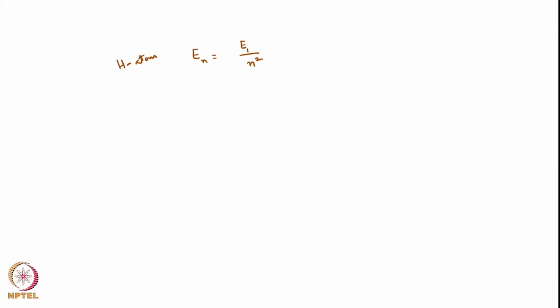So, it is just proportional to the square of the principal quantum number, and E1 is the principal quantum number 1 state, that is the 1s state. So, this is generally equal to minus 13.6 eV divided by n square. Now, let us look at large values of n.